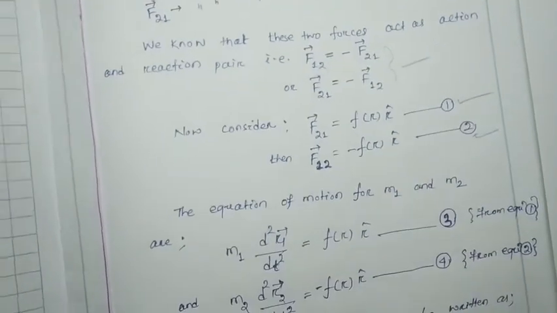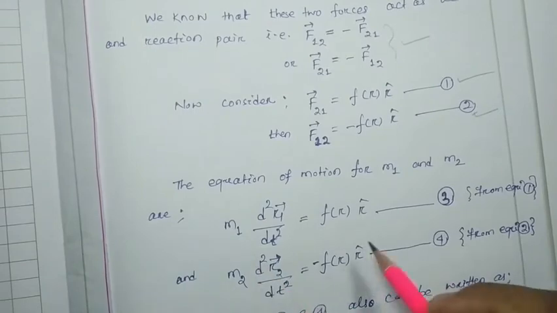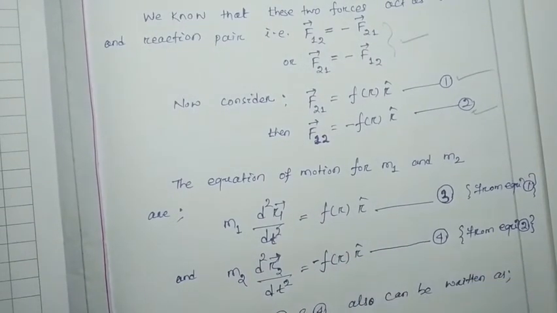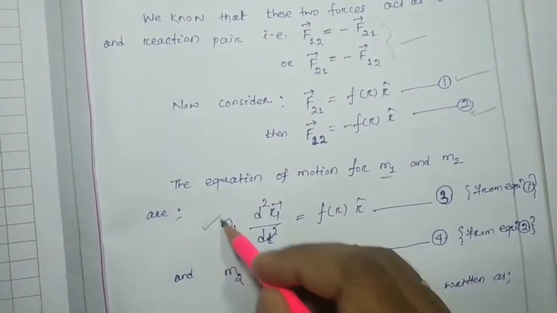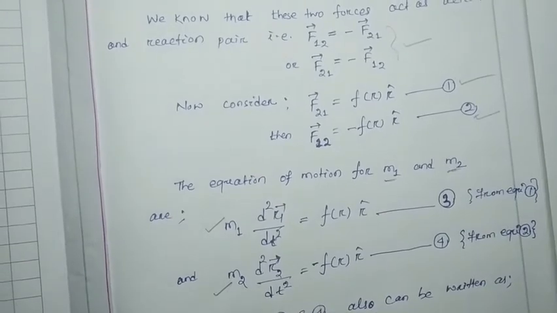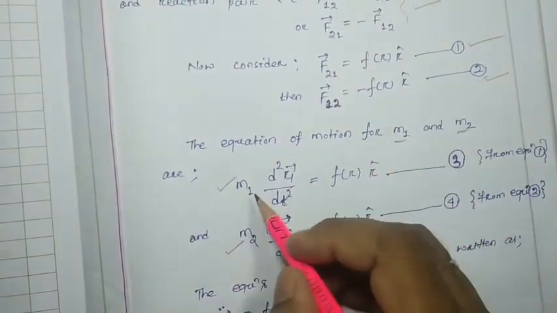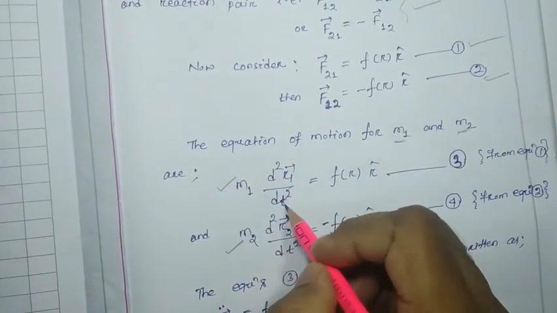The equations of motion for m1 and m2 are this one and this one. Carefully you have to watch these two equations. The equation of motion of m1 is this one, of m2 is this one. First I am going to read, then I am going to explain. So here m1 d square r1 by dt square.